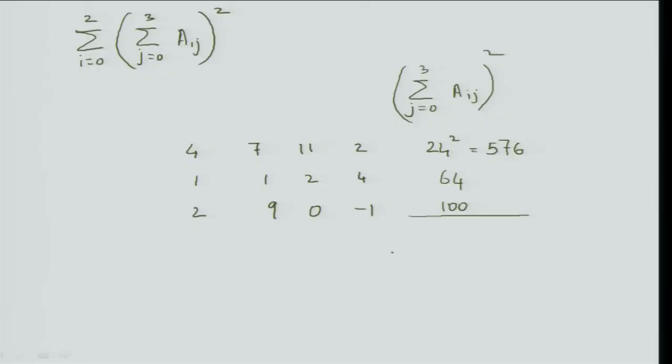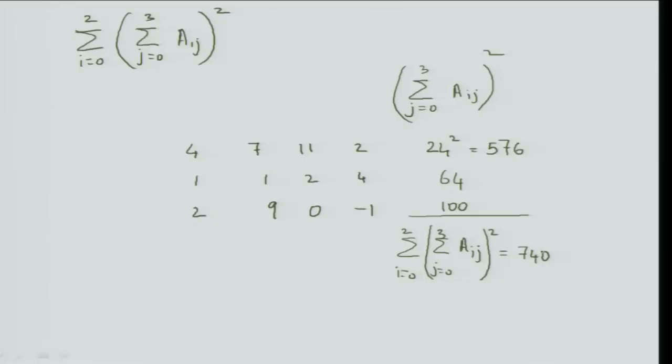So what I have tallied on the right hand side is, for each row, you sum the numbers, take that sum and square it. And then finally, in order to compute what we want, which is i equal to 0 to 2 of summation j equal to 0 to 3 a_ij, squared, all we need to do is to sum these numbers up, and this turns out to be 740.